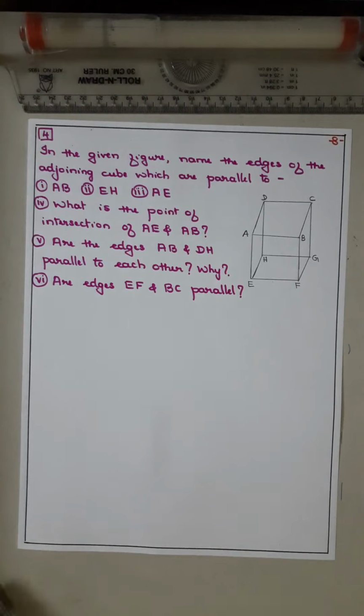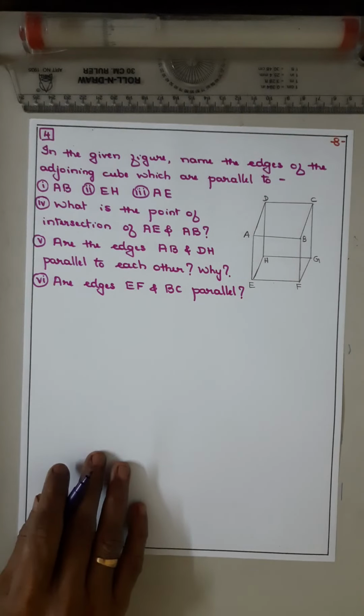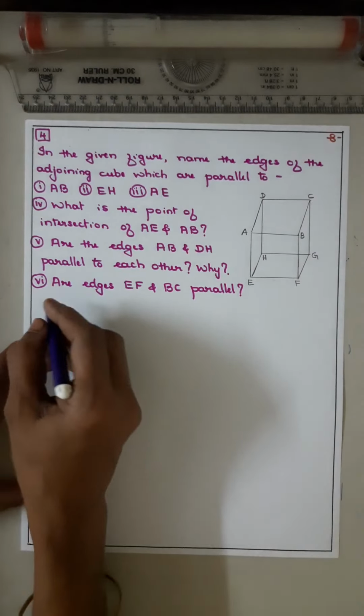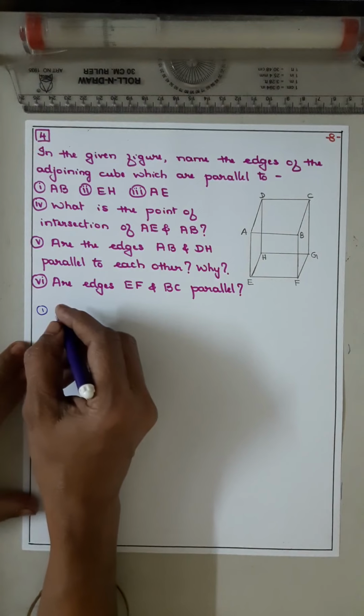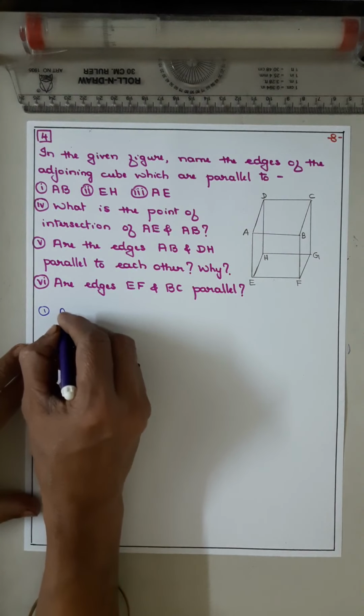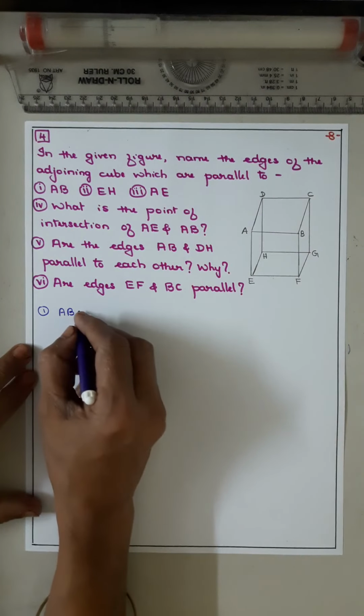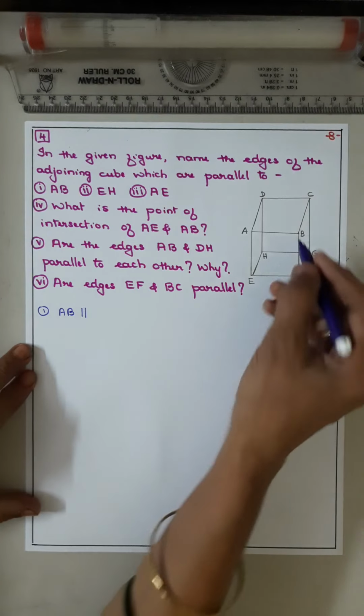It is question number 4. In the given figure, name the edges of the adjoining cube which are parallel to. First question, AB.